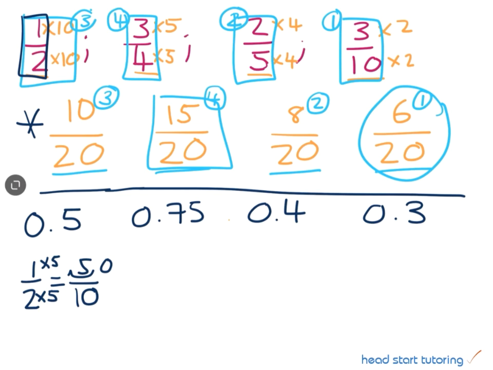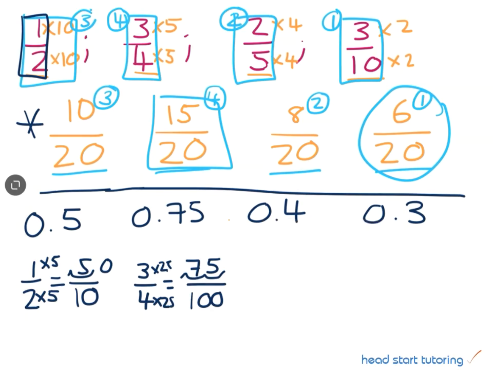So 0.75, how did I get there? From 3/4. 3/4 is equal to 75/100, because I multiplied both my numerator and my denominator by 25. So I've got 75/100, which is 75 divided by 100. So I can just bring in 2 decimal places, which is 0.75.